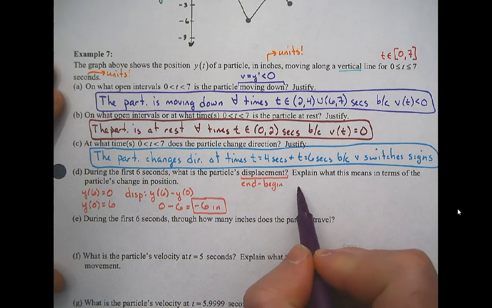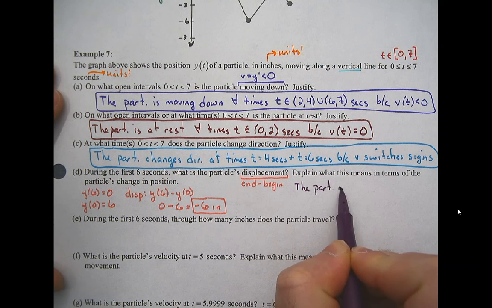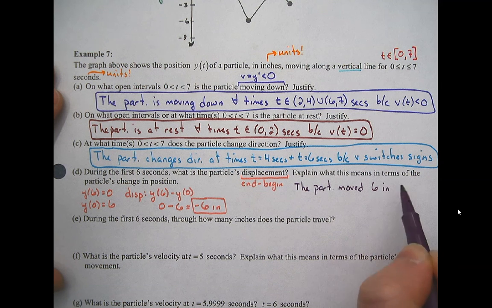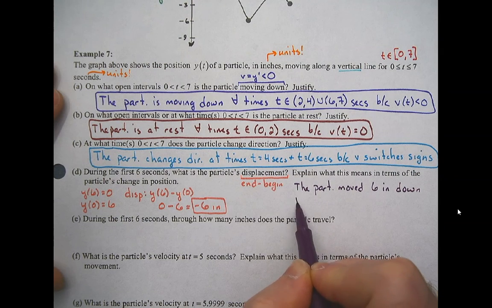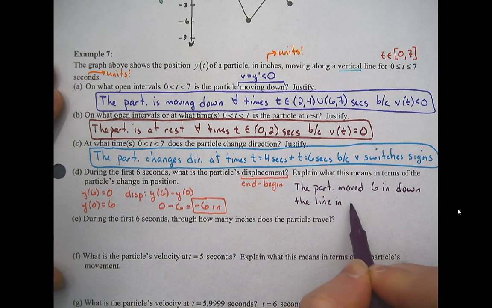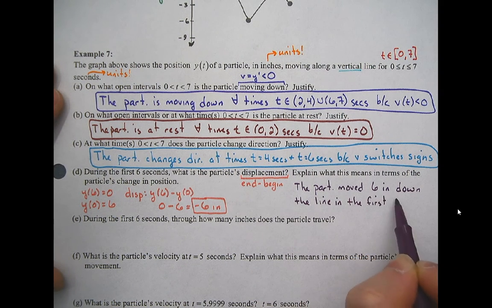The particle moved 6 inches down the line in the first 6 seconds.